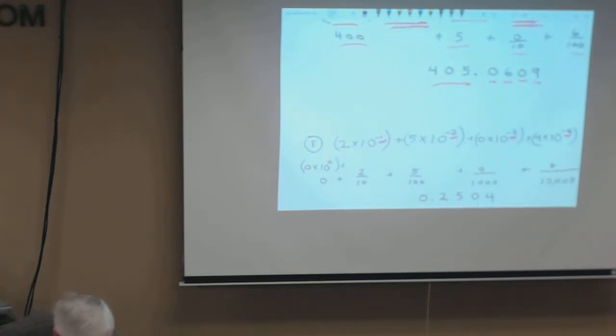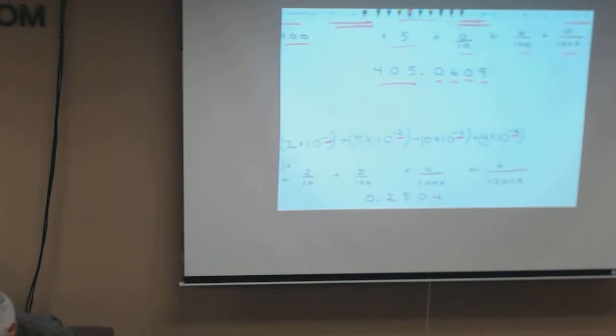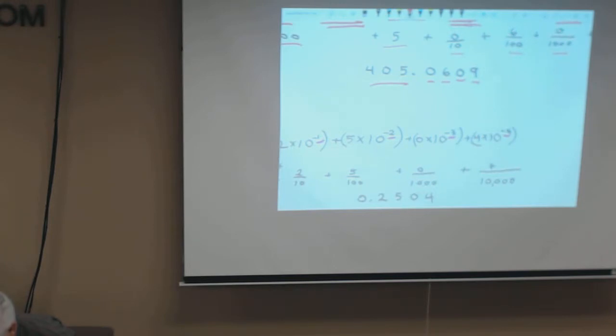Problem number 8. 2 times 10 to the negative 1 plus 5 times 10 to the negative 2. And see, they left out 0 times 10 to the negative 3, and then 4 times 10 to the negative 4. So see, when I look at the problem and I copy it over on my paper to work it, I fill in the missing place values, I put those in there with zeros.